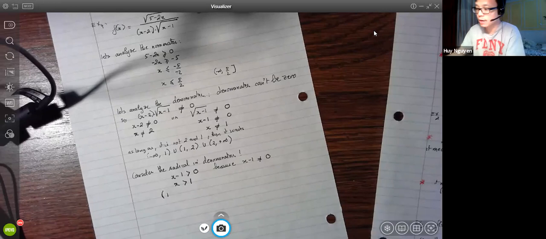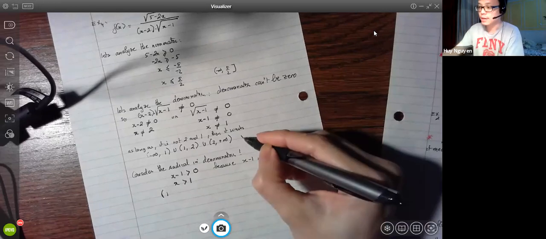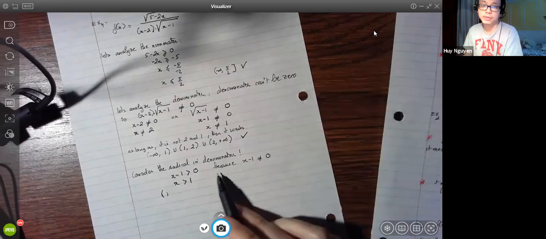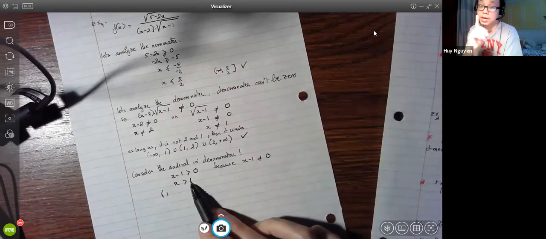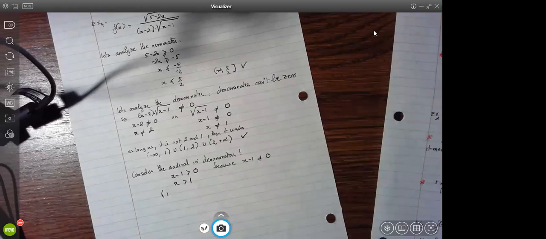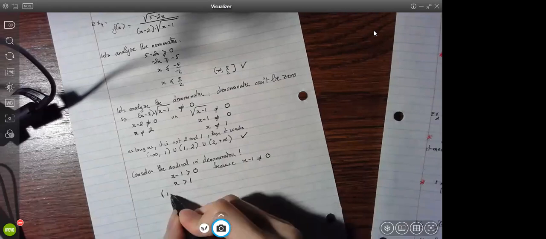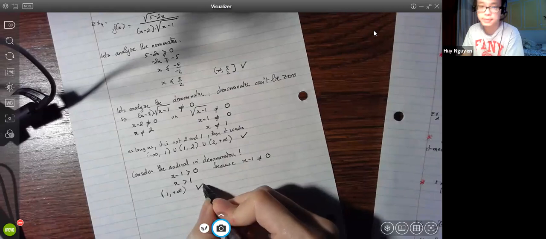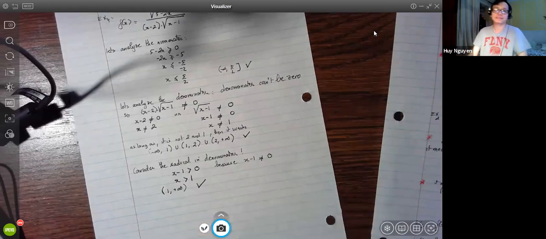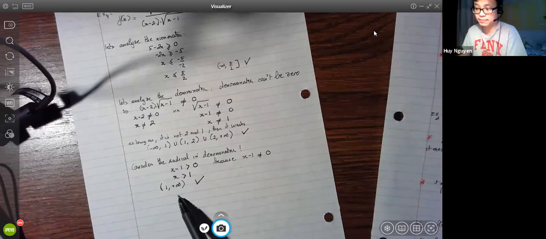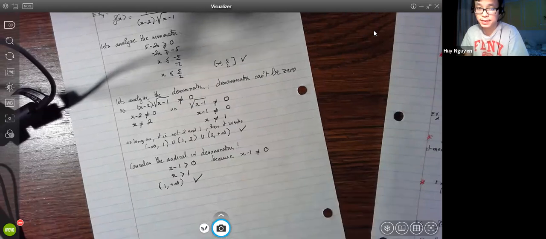So this one is one part of the final answer, this one too, and this one too. We have to consider all the cases. So in this case, we have the final answer as 3 parts.